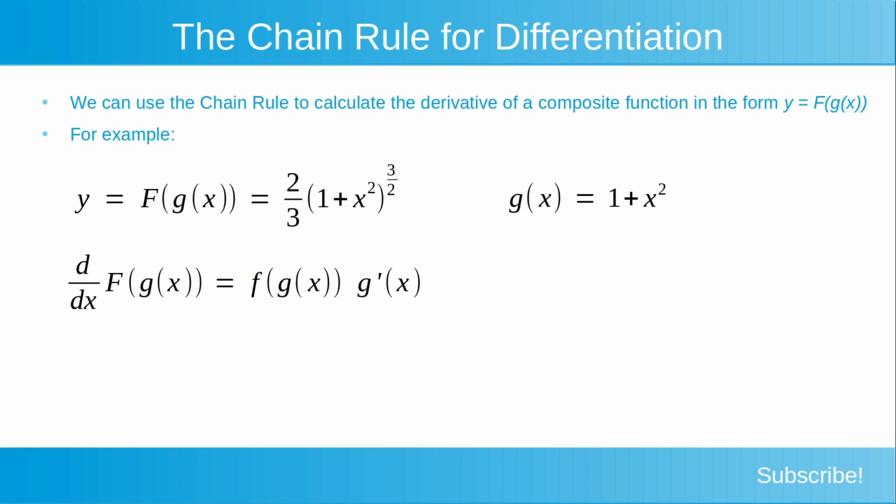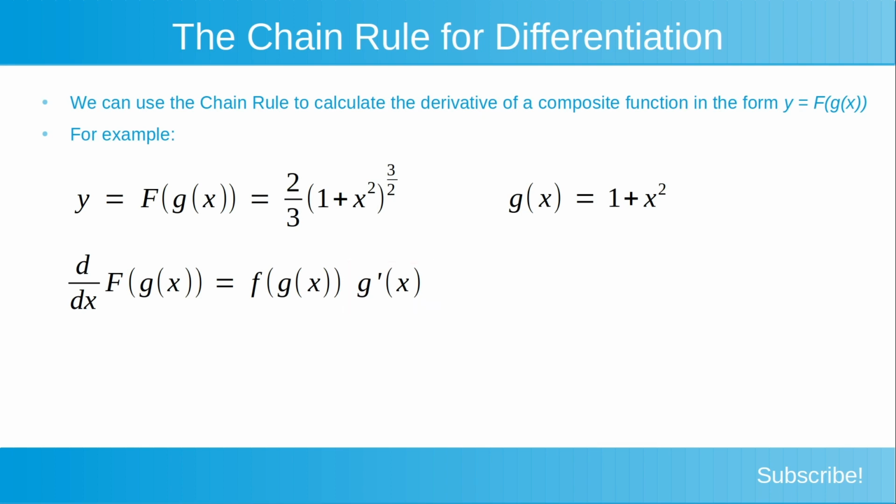Now the chain rule for differentiation tells us that we can calculate the derivative of the function capital F of g of x as being equal to the derivative of the outside function while keeping the inside function the same, multiplied by the derivative of the inside function. And that's our chain rule.